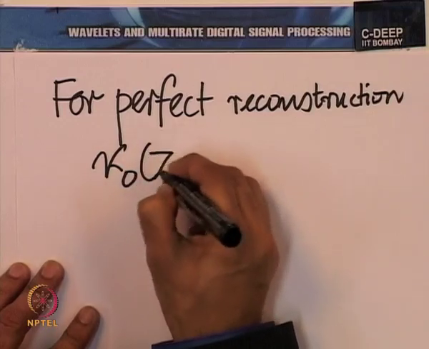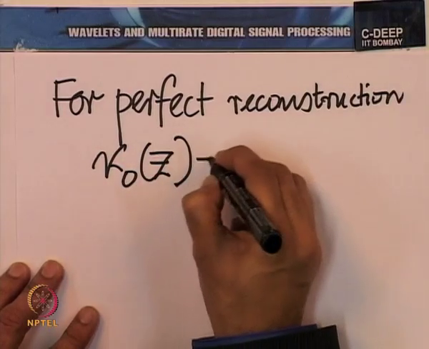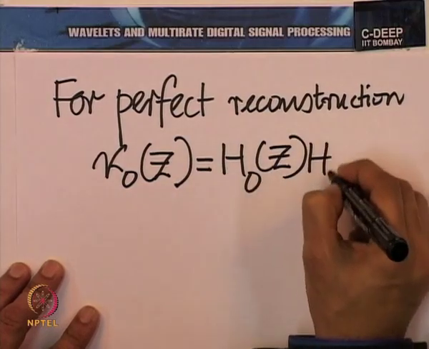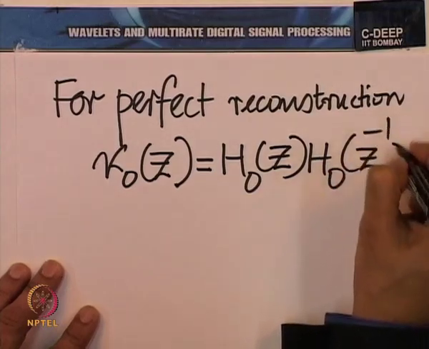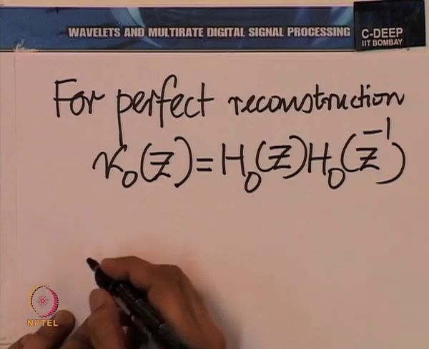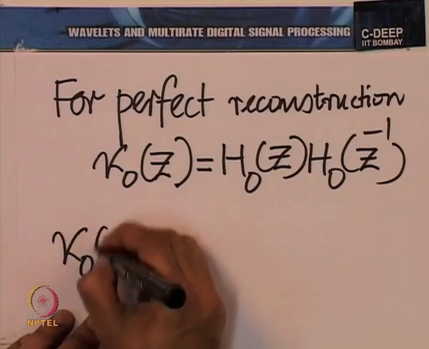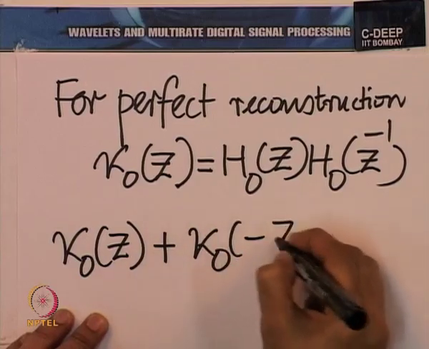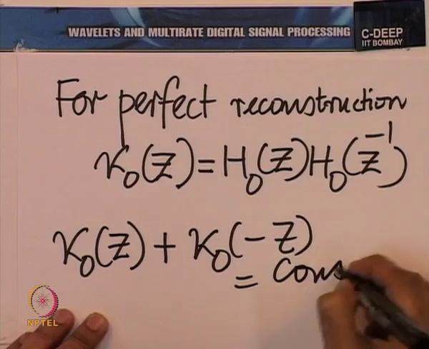So, let us define kappa 0(z) as H0(z) H0(z inverse). What we are saying is that for perfect reconstruction, we require kappa 0(z) plus kappa 0(minus z) to be a constant.